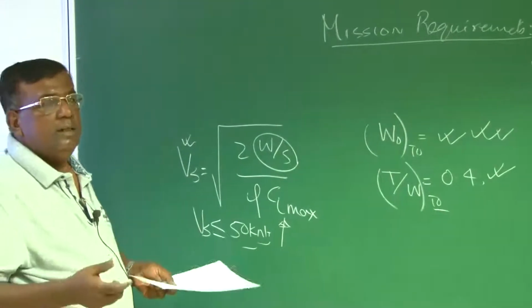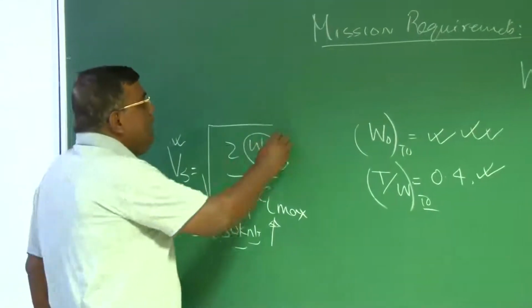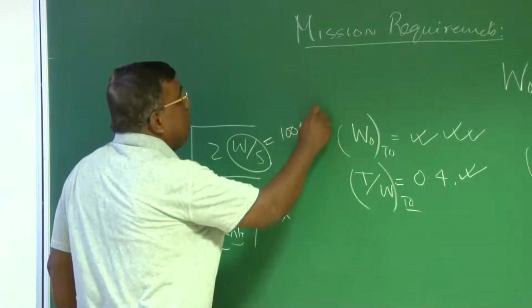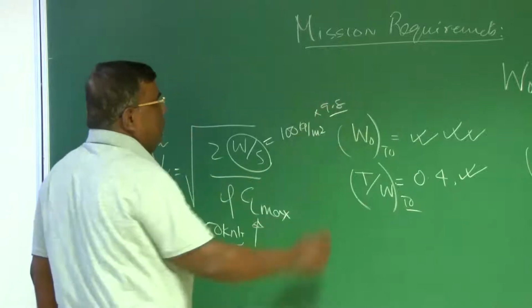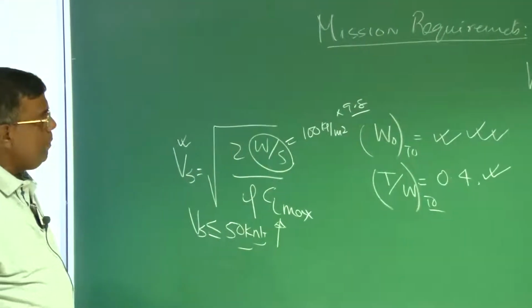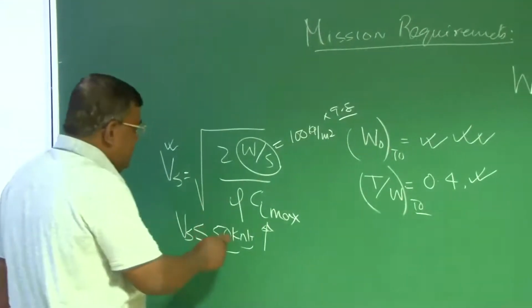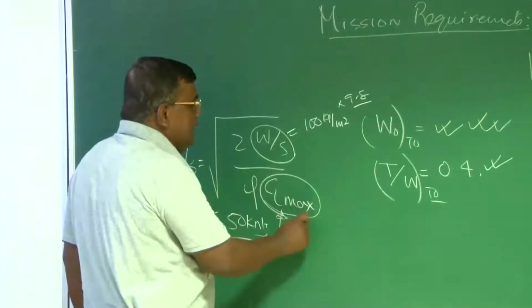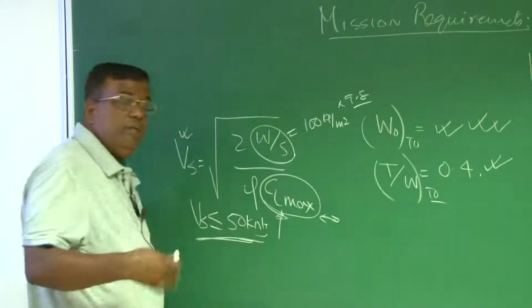So what is the thought process that comes? Okay, I'll keep this 100 kg per meter square, suitably converted to Newton per meter square by multiplying by 9.8. But then I have a restriction of Vs to be less than 50 knots, so I will change the CL max value. I'll increase the CL max value.